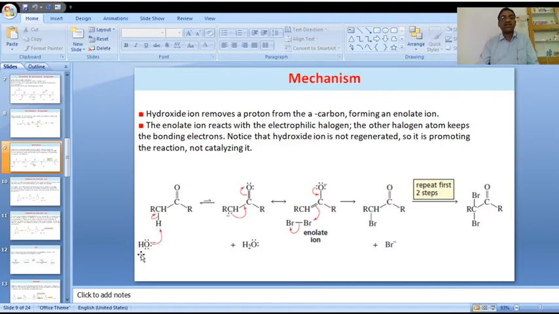Is it clear? Here, in the presence of the base, OH minus acts as a nucleophile. This OH minus abstracts a hydrogen from the alpha carbon.